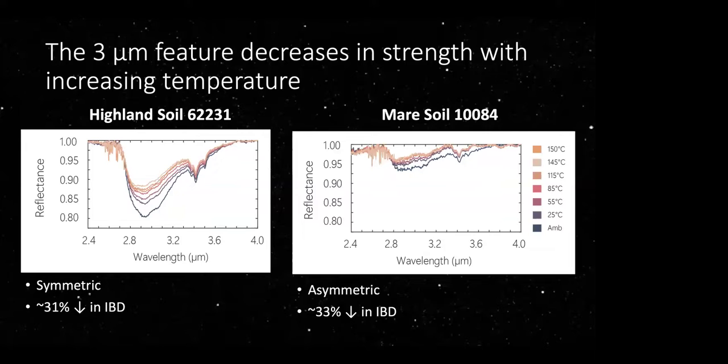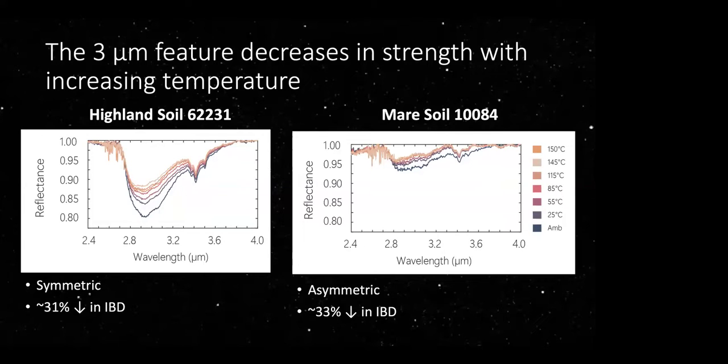And then we can do the same sort of analysis with the 3 micron feature of the highland and the mare soil as well. It's a very similar story. As you heat up these samples, you're decreasing the strength of the 3 micron feature. The highland soil starts off relatively symmetric. It actually looks no different than perhaps what we were seeing with the olivine sample or anorthite sample.